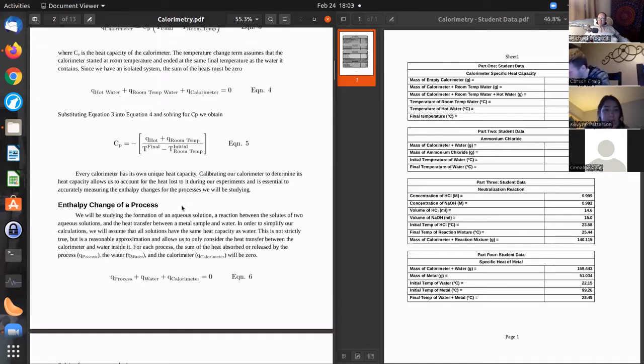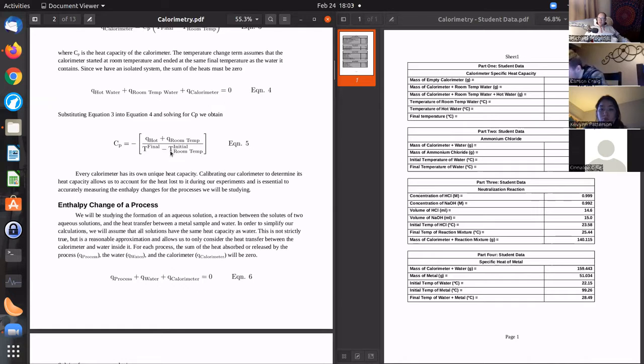And what we're going to do is basically plug it into this equation here, right? So we just calculated Q hot. We calculated Q room temp. We know what the final temperature is, right? That's one of the values that we use to calculate Q hot and Q room temp. We know the temperature of the initial room temp water.